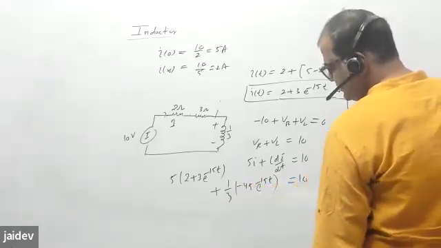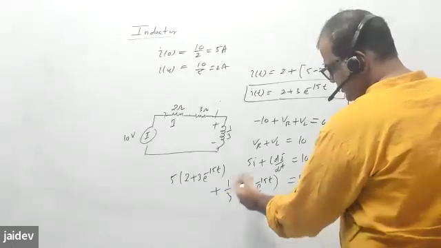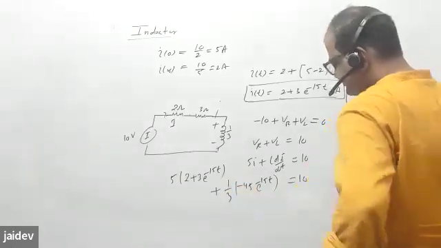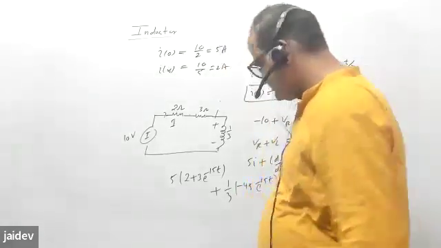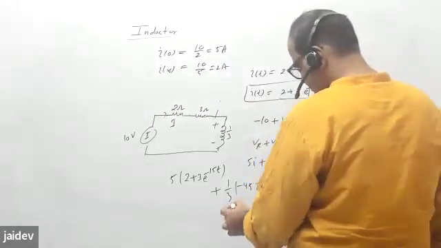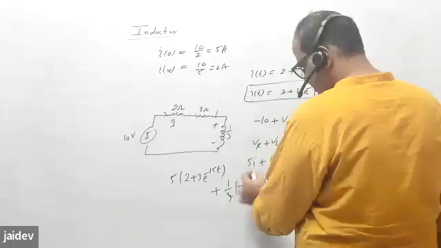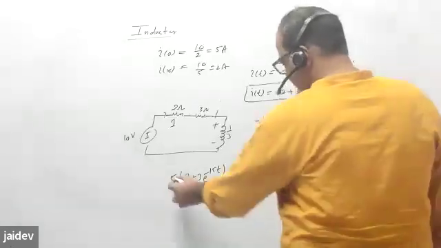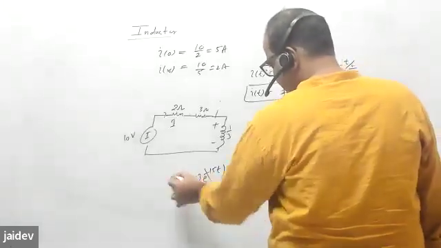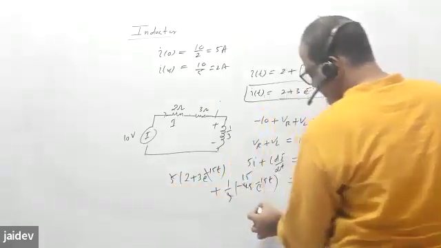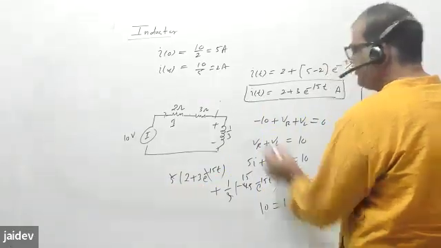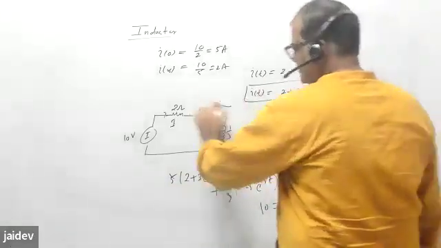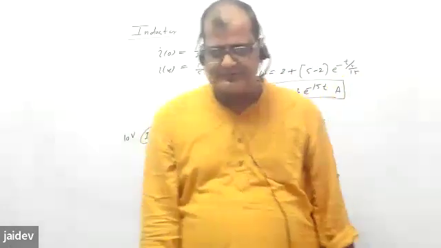Solve this one. L di by dt will give you minus 15 e power minus 15t. So 10 equals 10. Hence proved. So this equation is correctly satisfying this KVL also.